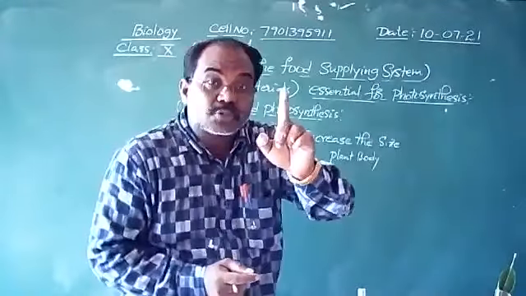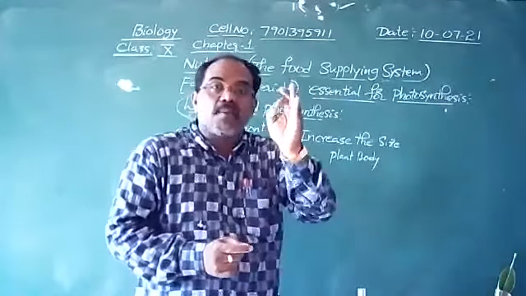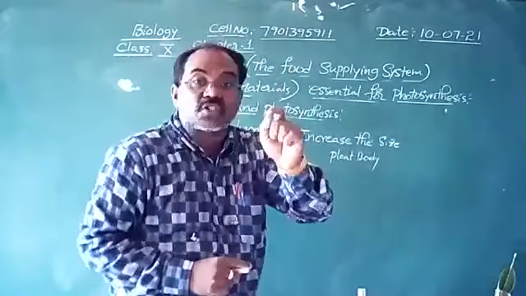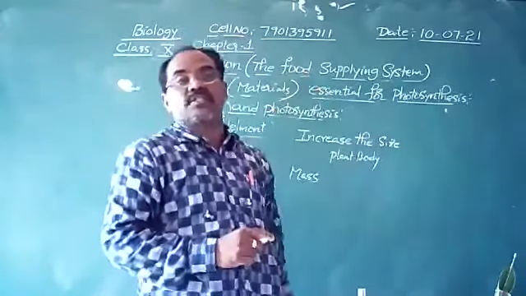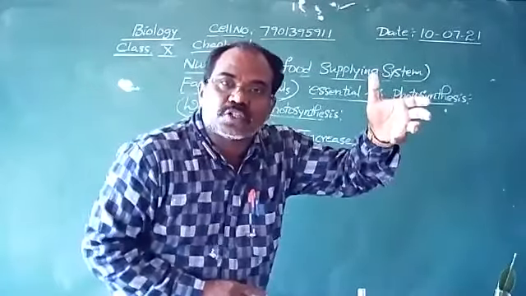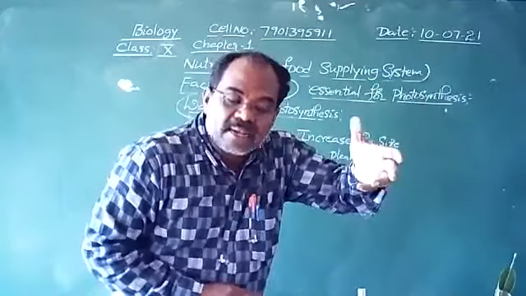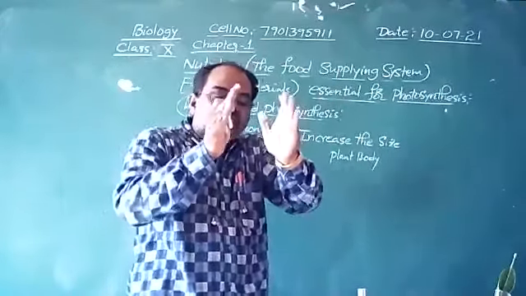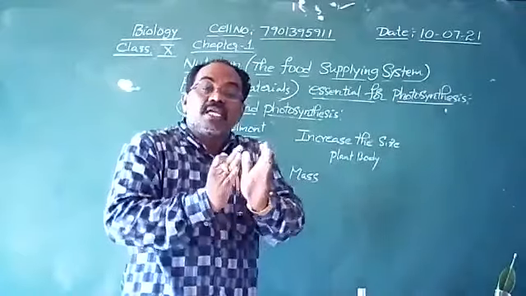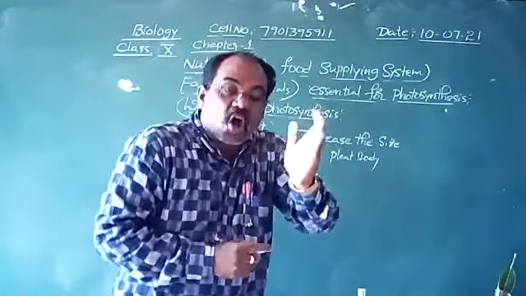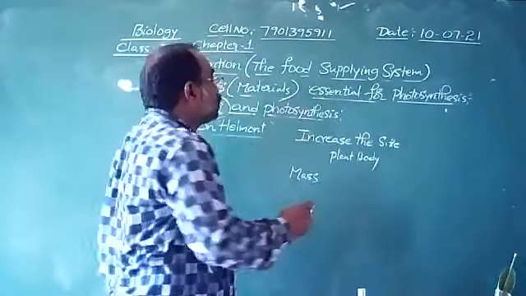Once again, I repeat, my dear students. Von Helmont found that water is essential for the process of photosynthesis, but he did not know about the process of photosynthesis. Then later it was found that the increase in the size and mass of the plant body is due to materials occupied by the process of photosynthesis.